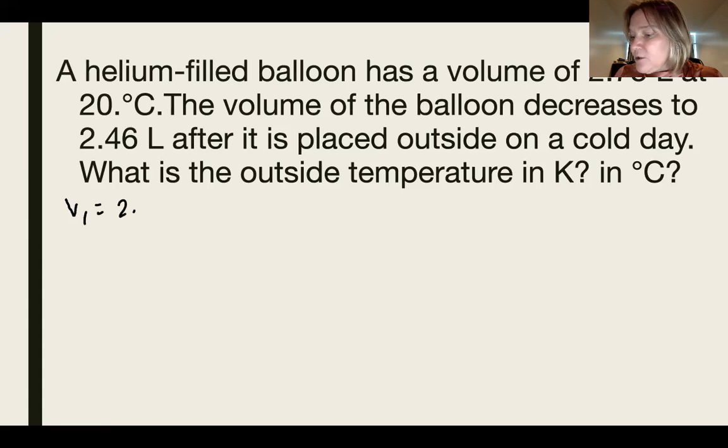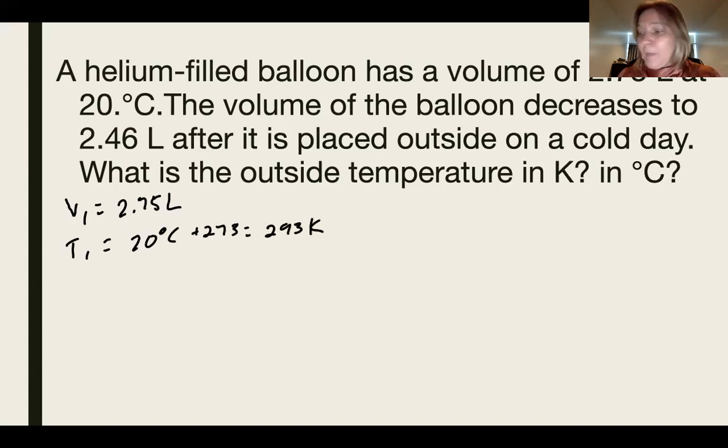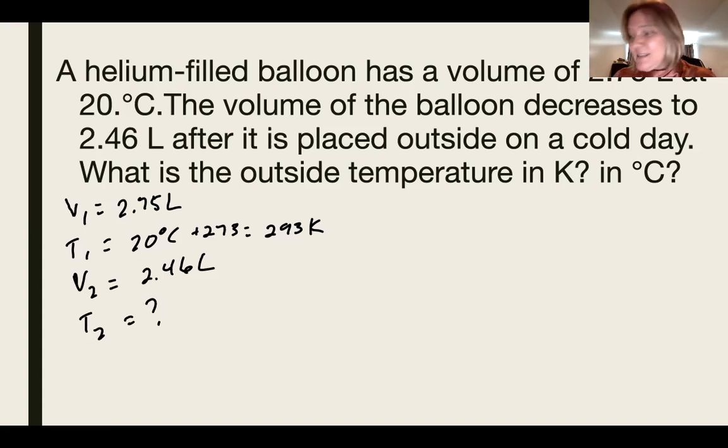V1 is equal to 2.75 liters, and T1 is equal to 20 degrees C plus 273 equals 293 K. The volume of the balloon decreased to 2.46 liters after it was placed outside. So my V2 is equal to 2.46 liters, which means I'm solving for T2. What is the outside temperature in Kelvin and in Celsius? So there are two answers here.